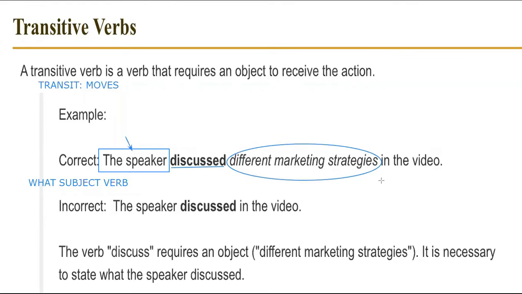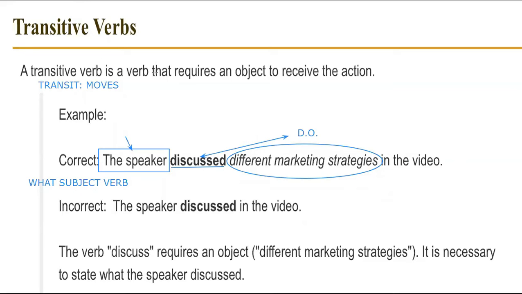Different marketing strategies. So in this case, this is called a direct what? Object. This is a direct object. Exactly. A DO. So if we have a direct object, that means that we have a transitive verb. Why? Because this verb moves to our direct object, there is a relationship between this verb and this direct object.